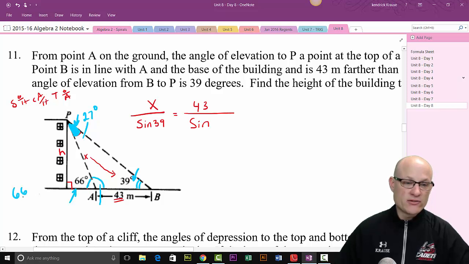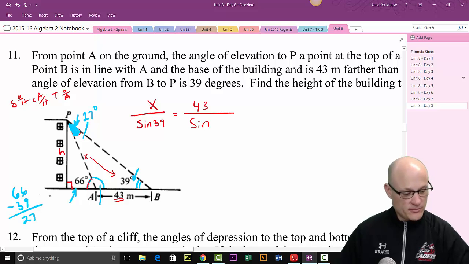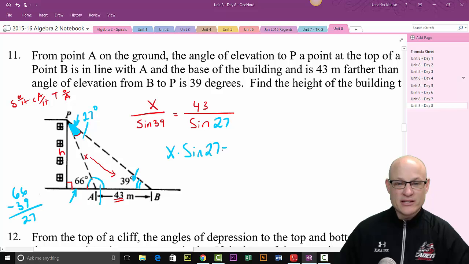So I could just take 66, subtract 39, and I would get 27 degrees. So now I'm ready to rock and roll. X times sine 27 is equal to 43 times the sine of 39. Divide by sine 27.